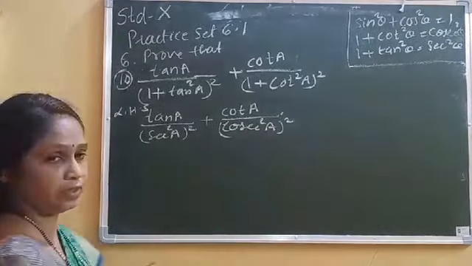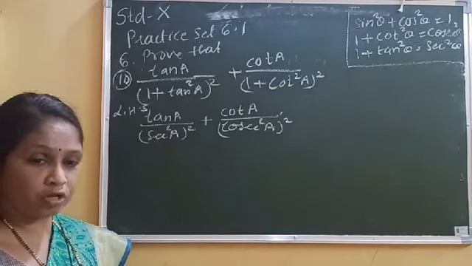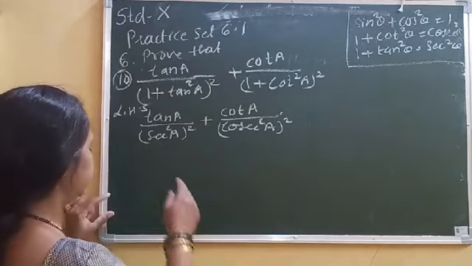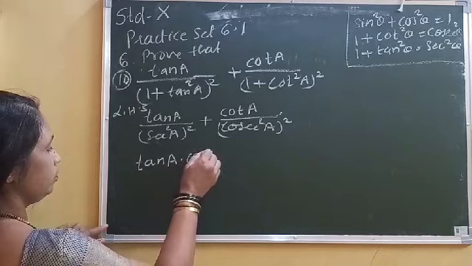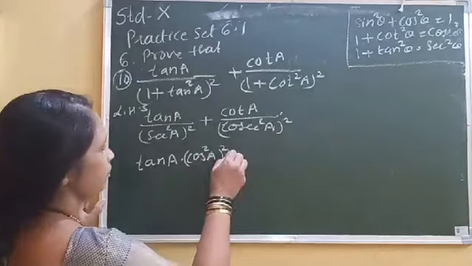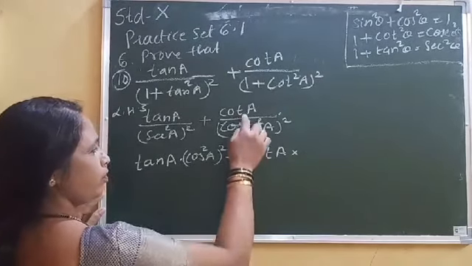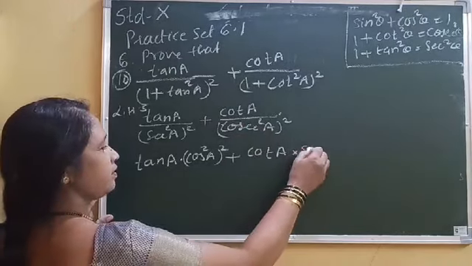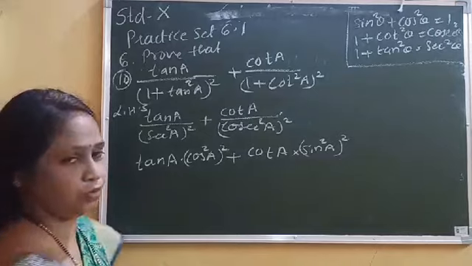Okay, now here you know, 1 upon sec means what? That is cos. So what will you do here? Tan A into cos square A raised to 2 plus cot A into 1 upon cosec square A, which means sin square A, and raised to 2.